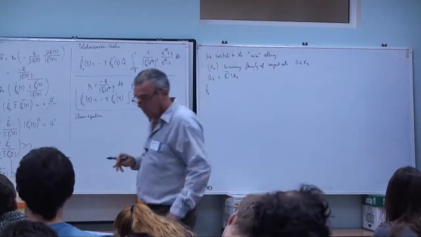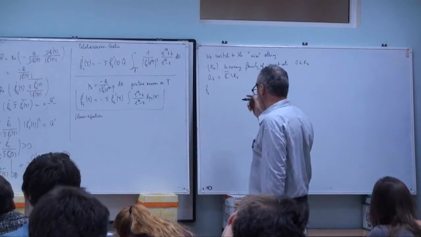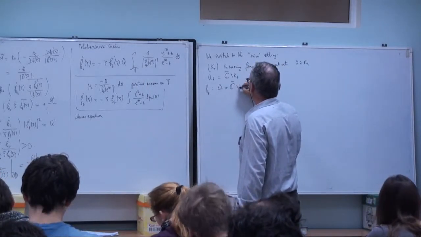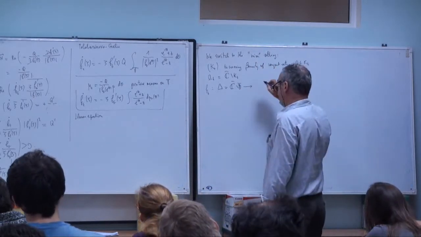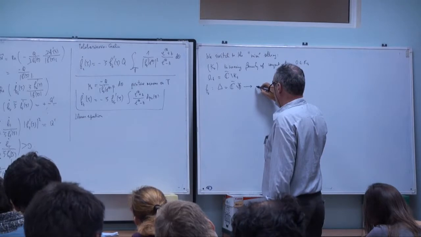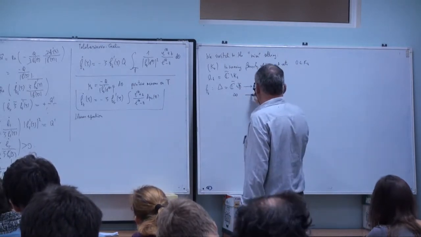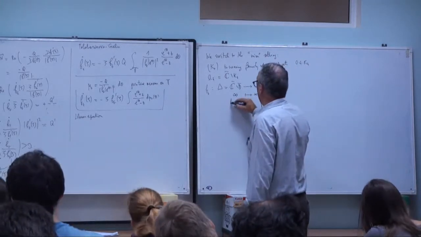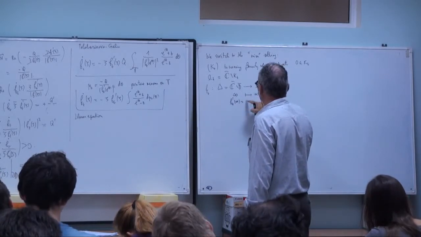So the origin is inside there, and now ft will be the Riemann map from, let's call it delta, which will be the complement of the unit disk, to omega t, which sends infinity to infinity, and which is such that ft prime at infinity is positive.